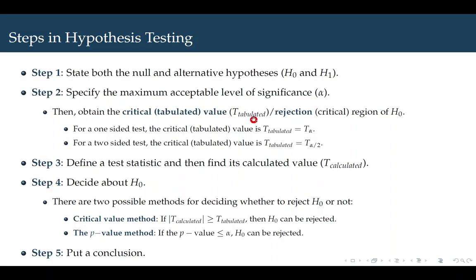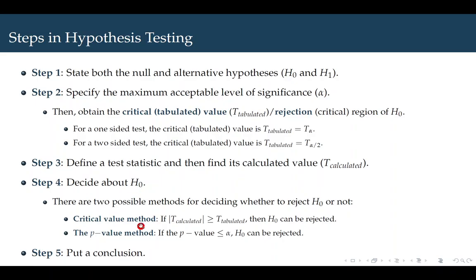Now, T tabulated is going to be obtained from the theoretical statistical distribution tables, and this T calculated is going to be obtained using certain sample data. Now, for making a decision whether to reject H naught or not, we need to compare the tabulated value and the calculated value. Then there are two possible methods for making a decision about H naught.